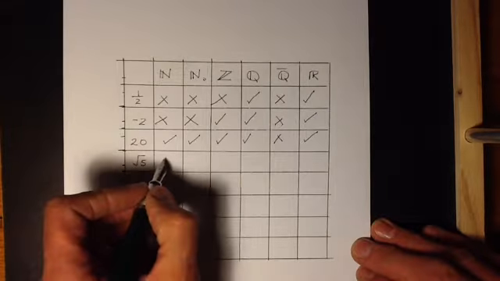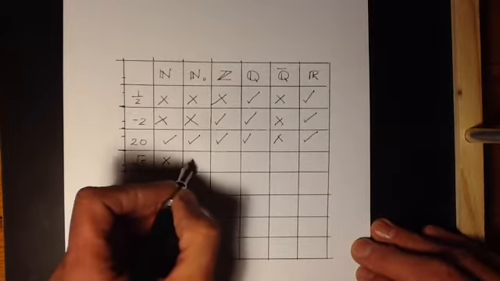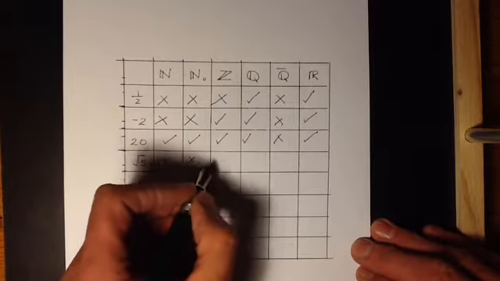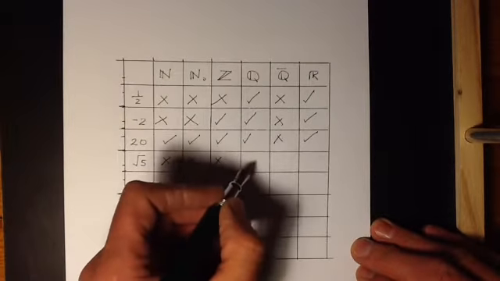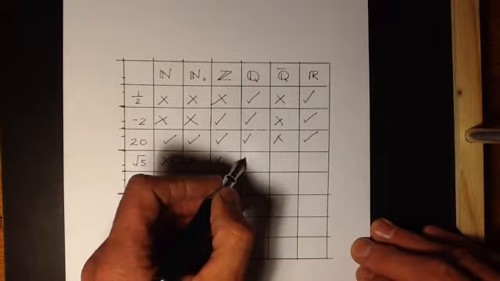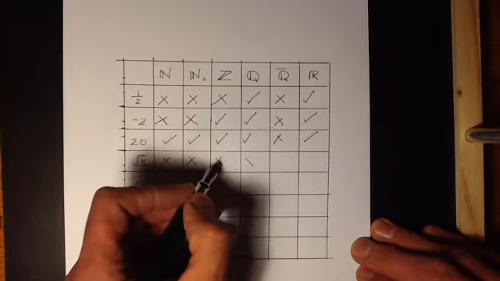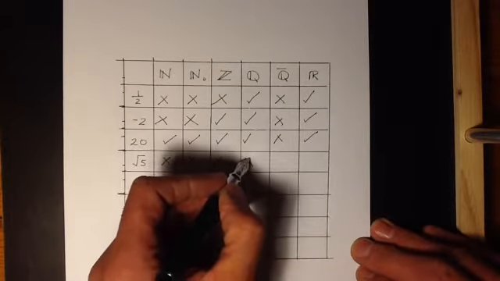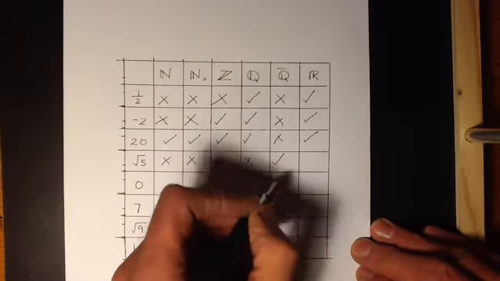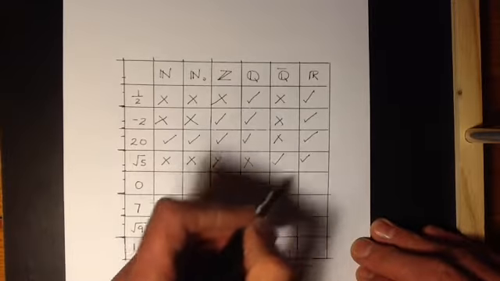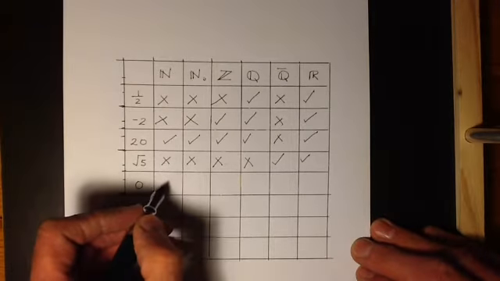Square root of 5. Nope. Not a whole number. It's not an integer. It's not a fraction. Therefore it's irrational, and it's real. 0.